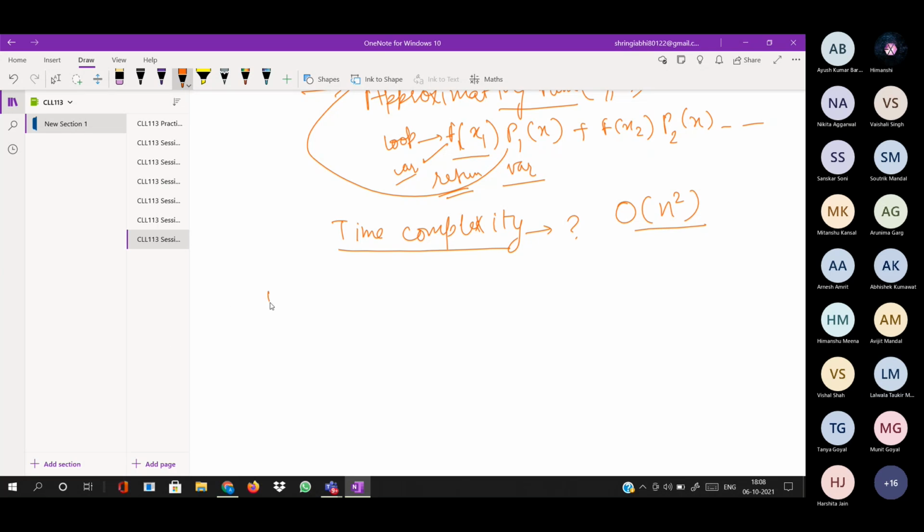We are doing simple interpolation, and we came to Lagrangian. So does there exist any easier method than this, or a more efficient method in terms of time? We don't know till now.